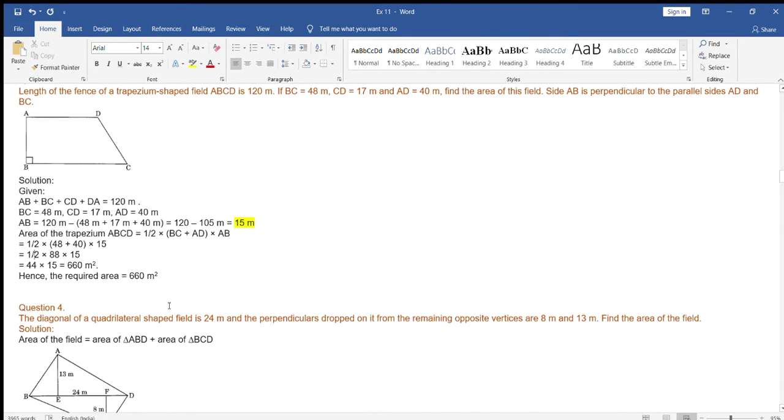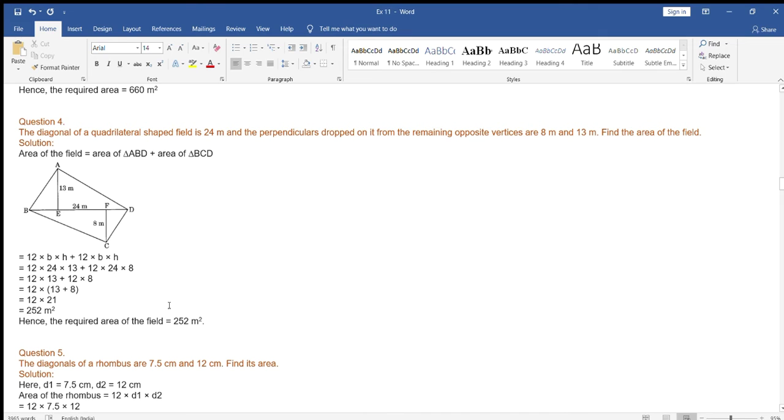Okay. Similarly, our next question, question number 4 from our NCERT book. A quadrilateral shaped field is given to us, and its diagonal is 24 meter. The perpendiculars drop on it from the opposite vertices. Just see, from A to E it is 13, and from C to F it is 8.